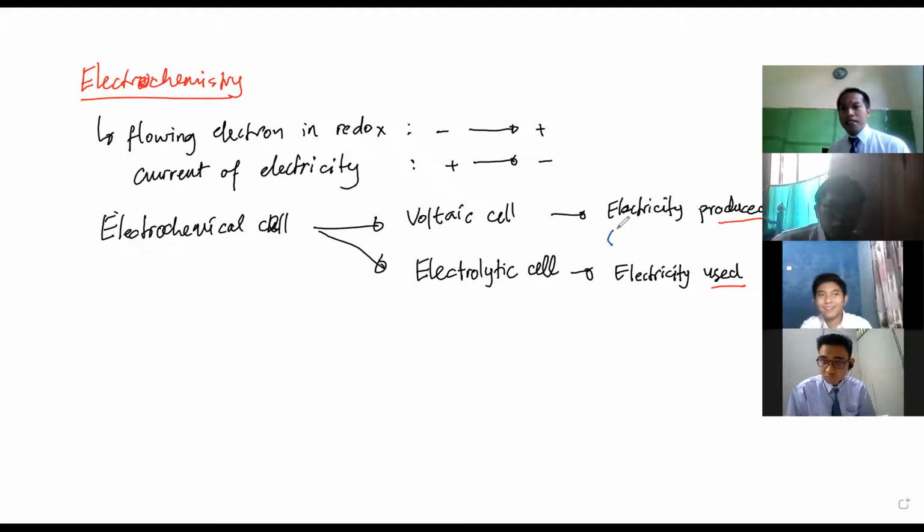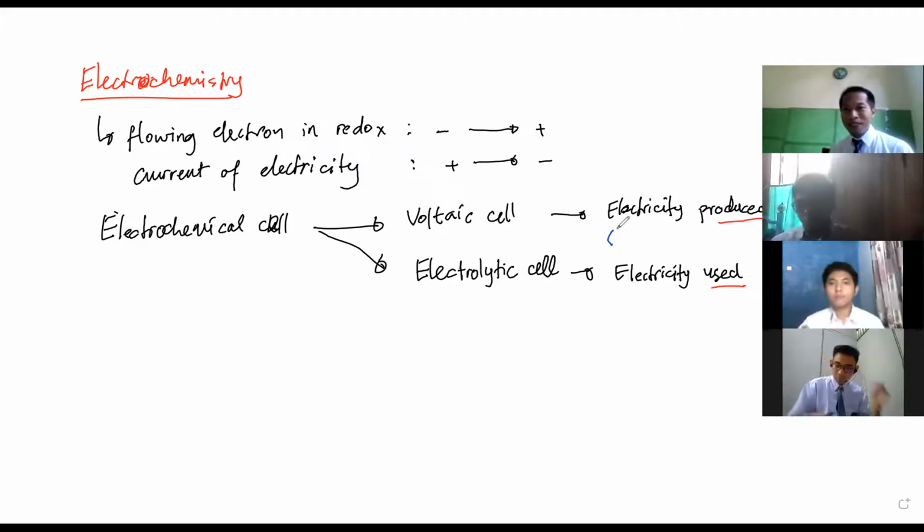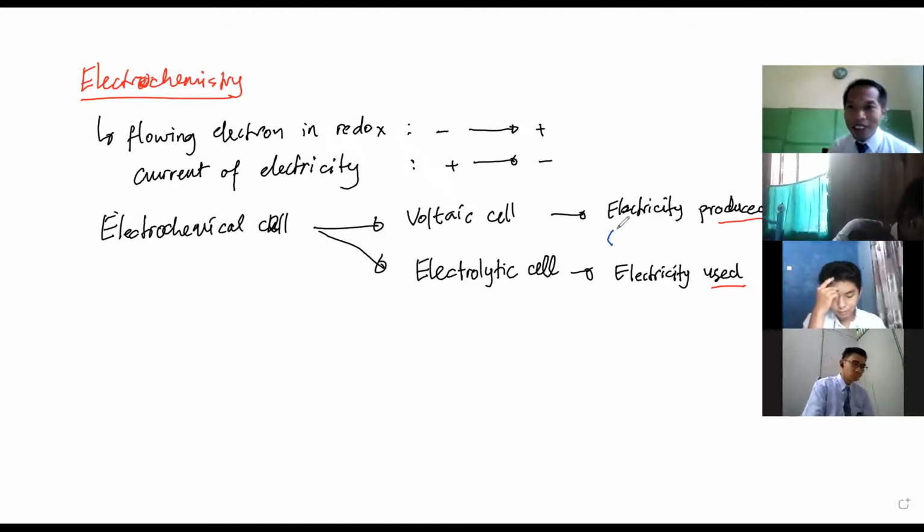Is there anything that can produce electricity and uses a chemical reaction inside? The reaction must be redox. Yes, very simple. Just think a little bit about your surroundings.